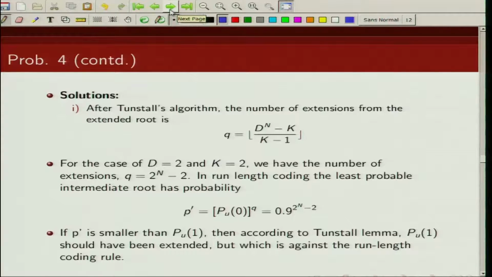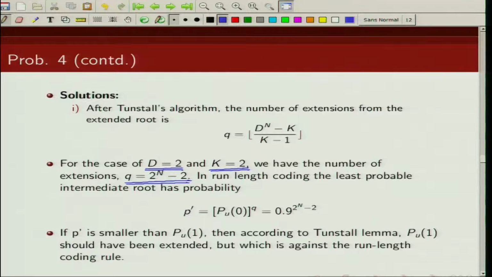Now in this example we are considering a binary code, so d is 2, and our input takes zeros and ones, so k is also 2. In this case the number of extensions comes out to be 2 raised power n minus 2. So in run length coding, what are we doing?